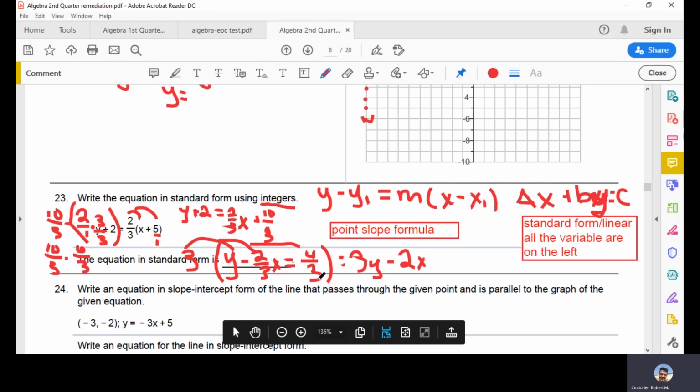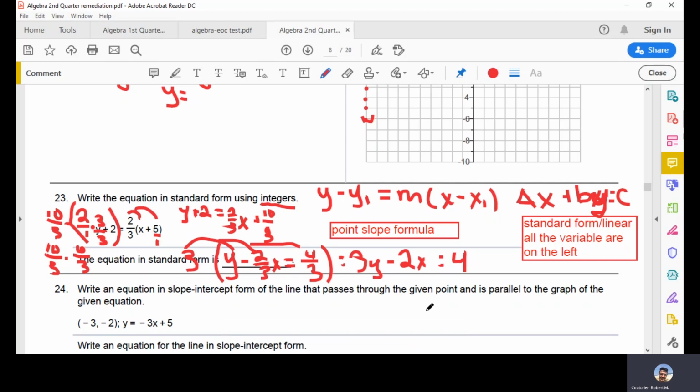And then the 3 would also cancel the denominator here, which would thus give you a 4. So then here is definitely a more proper version of standard form, where all of your coefficients are integers.